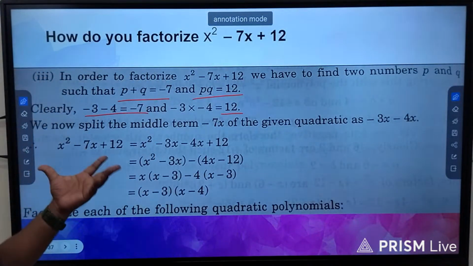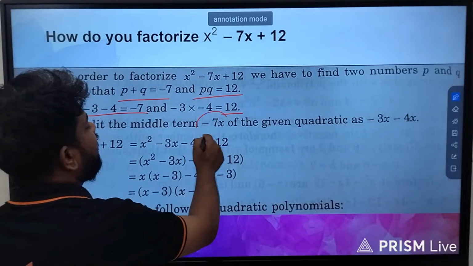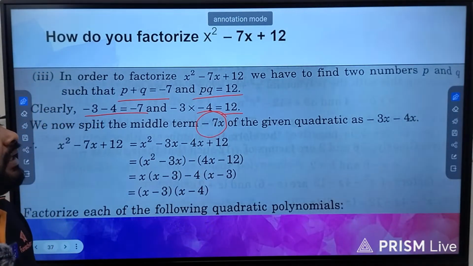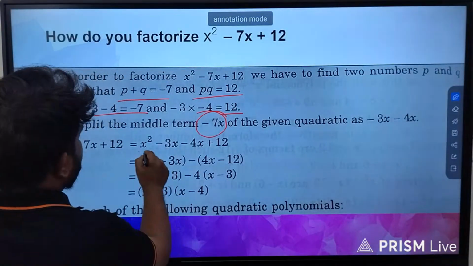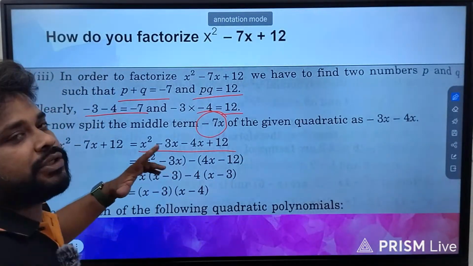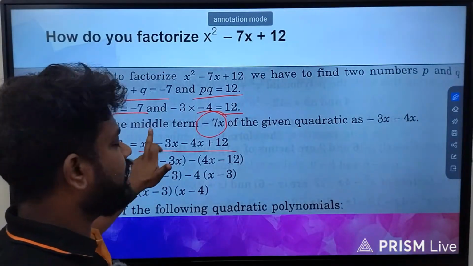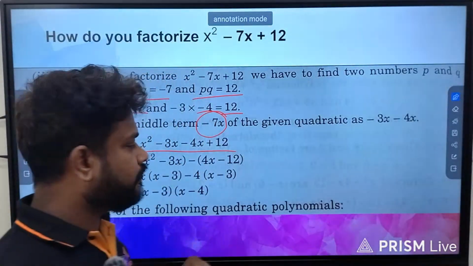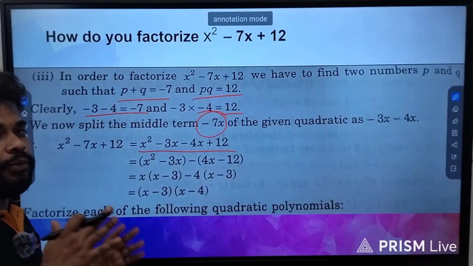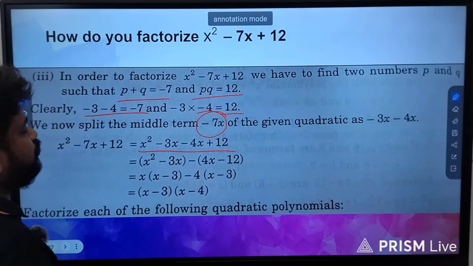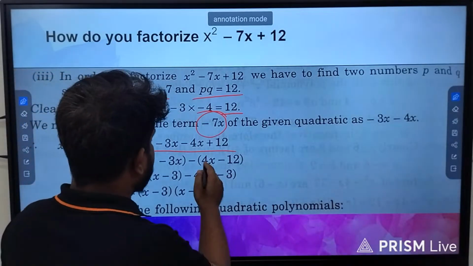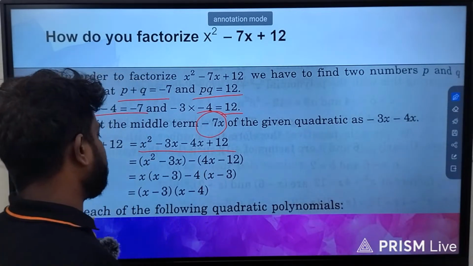We now split the middle term minus 7x of the given quadratic as minus 3x minus 4x. After separating, the equation looks like x square minus 3x minus 4x plus 12. Then we group this: x square minus 3x, and after taking minus common, 4x minus 12.